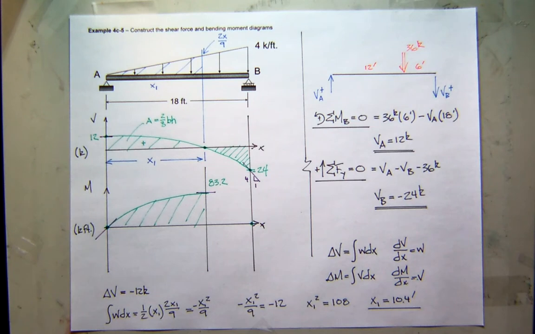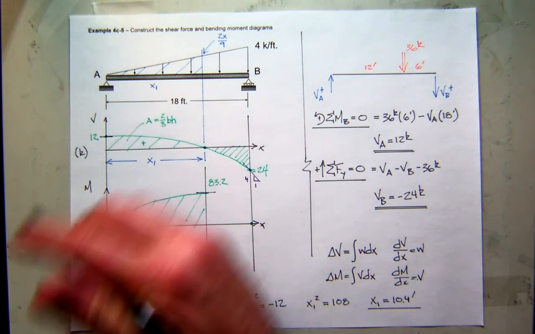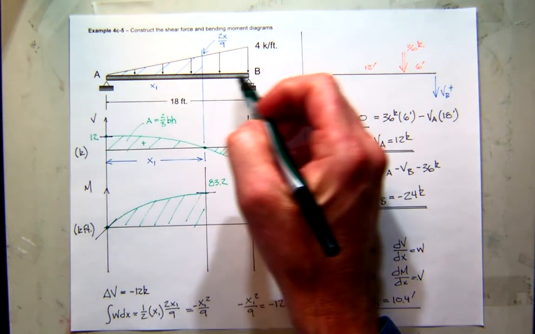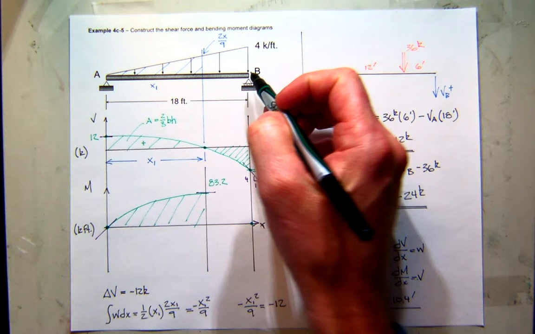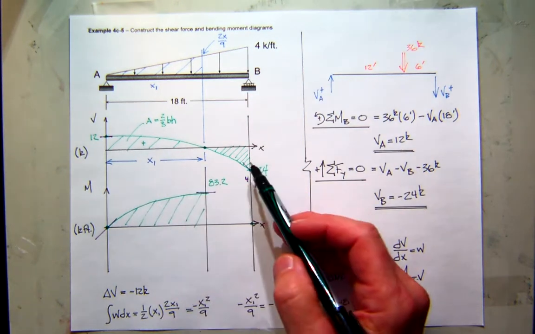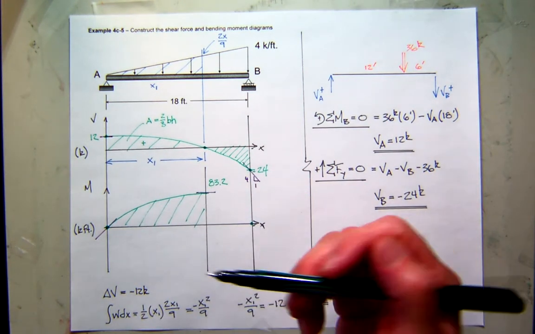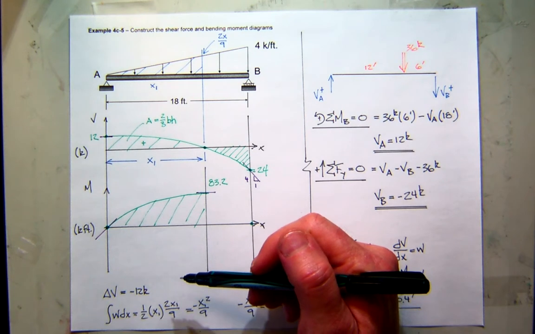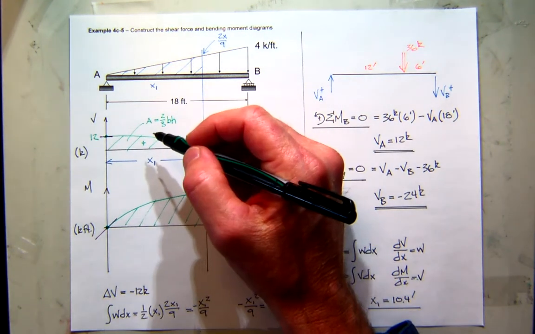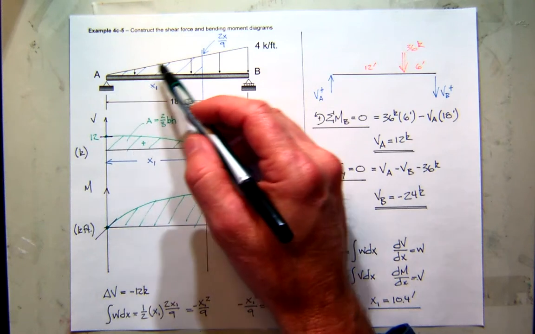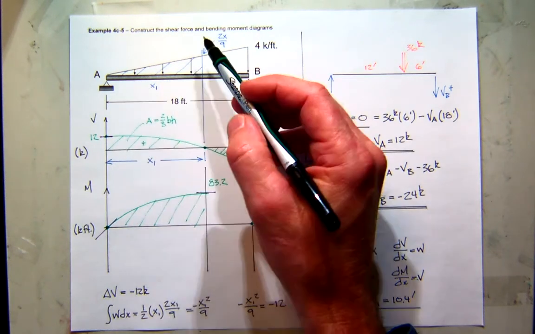Now, can we solve this problem another way? Oh, sure. Can you write a set of shear force and bending moment equations across this structure? Yes, you can. And if you were to plot them, you would get this curve and this curve, plus you know the other piece, which I can't get graphically. So when we do shear force and bending moment diagrams, the graphical technique, these triangular varying loads can cause problems.